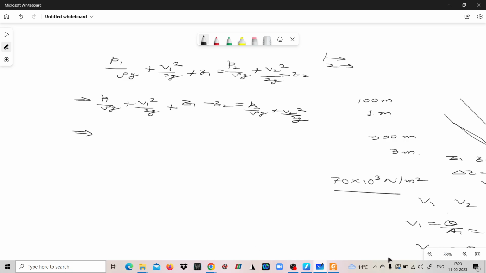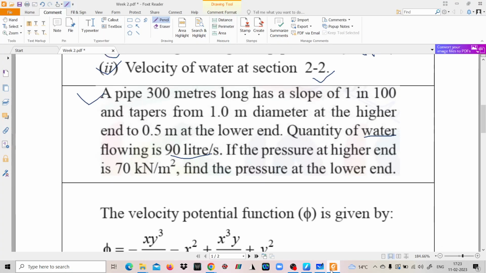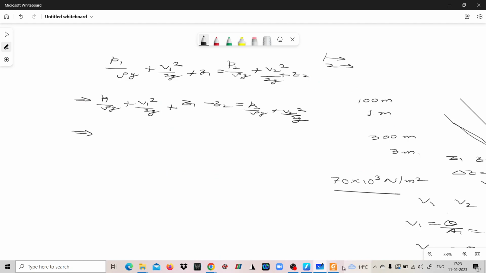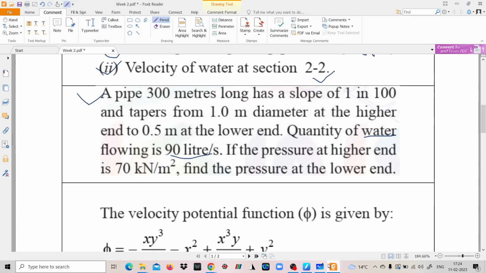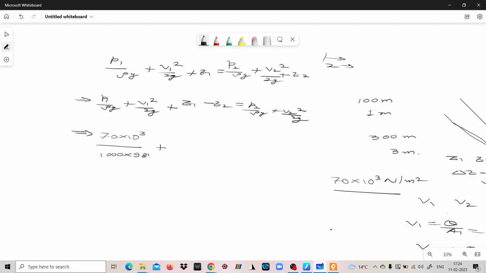Now the pressure is given, but at which end? Higher end it is given. So in terms of its value, 70 into 10 to the power 3 divided by 1000 into 9.81, taking g as 9.81, plus V1. What will be V1? V1 will be Q divided by A1. Q is 90 liters, so 90 into 10 to the power minus 3 meter cube per second.